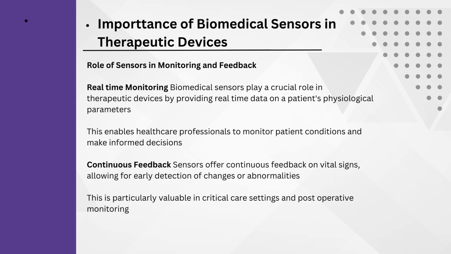Continuous feedback. Sensors offer continuous feedback on vital signs, allowing for early detection of changes or abnormalities. This is particularly valuable in critical care settings and post-operative monitoring. Closed loop systems.